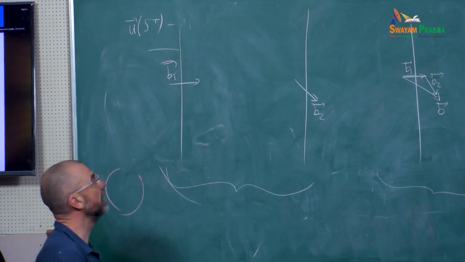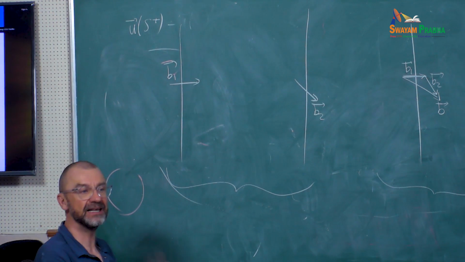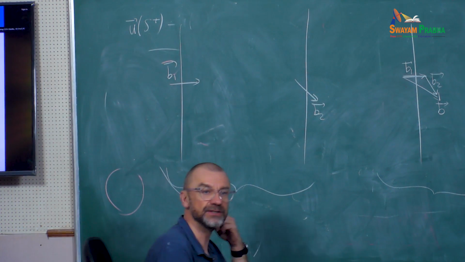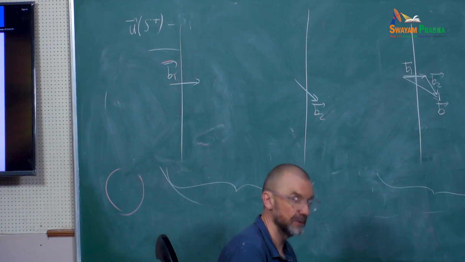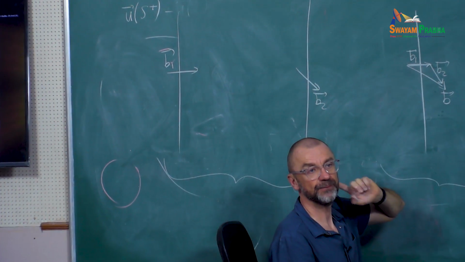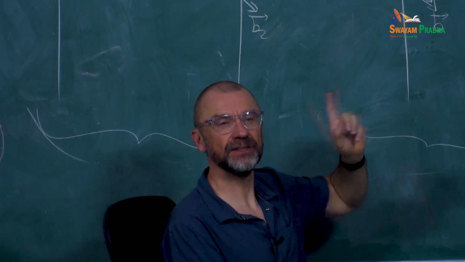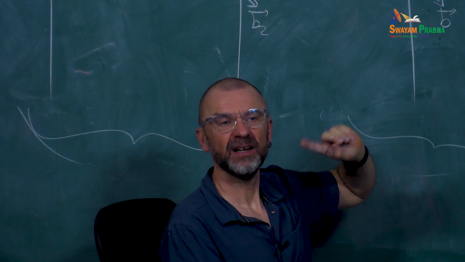What's the energy of these systems? The elastic energy stored in these systems due to the dislocation. Here, the energy due to this dislocation will be proportional to, what we said is that the energy of a dislocation is proportional to B squared, right?